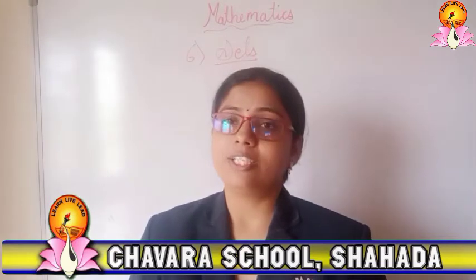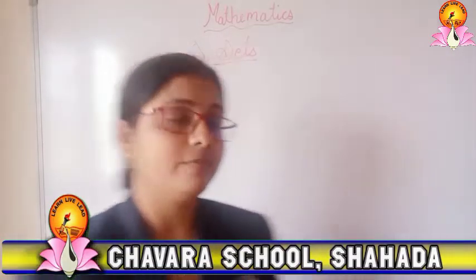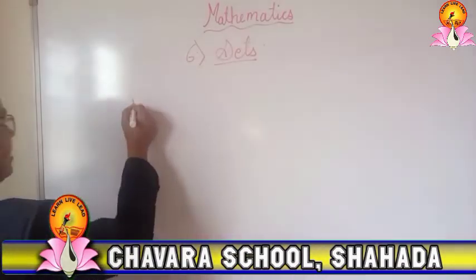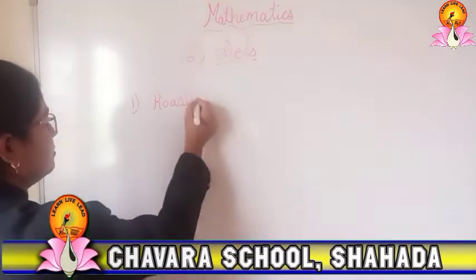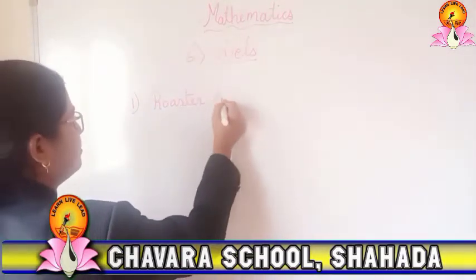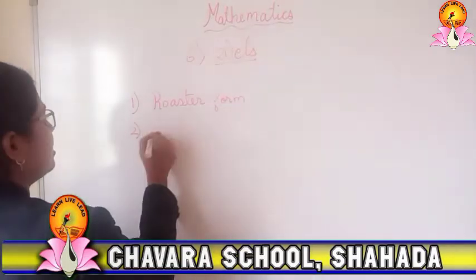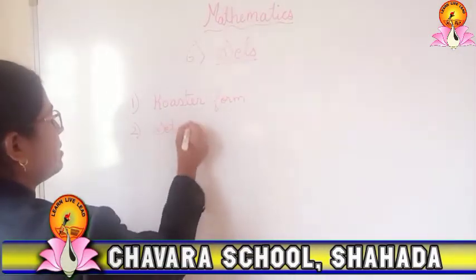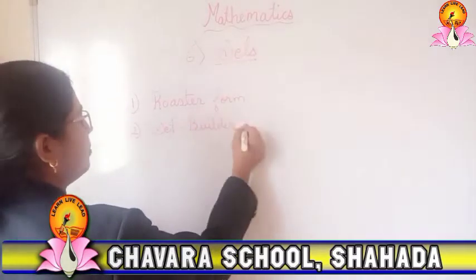So my dear children, in this lesson we are going to study the different forms of set. The sets are arranged in different forms. There are two forms of set. The first one is roster form and another one is set builder form.